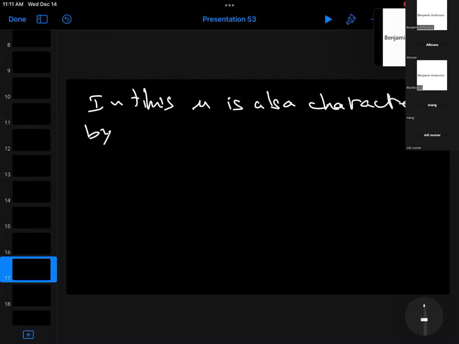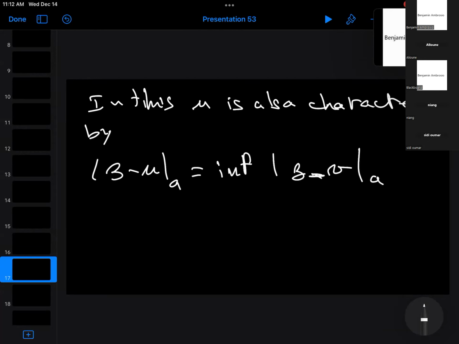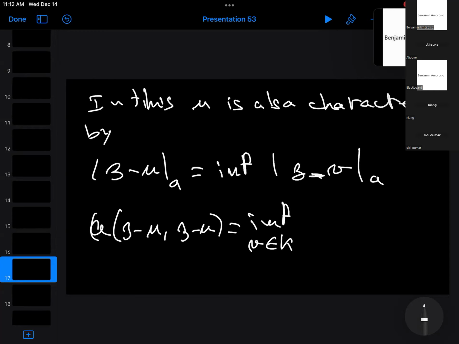So it says that the distance between Z and U, this is the distance associated to A, equals inf of Z minus V in the A norm. So this says that A Z minus U, Z minus U equals inf over V in K of A Z minus V, Z minus V.